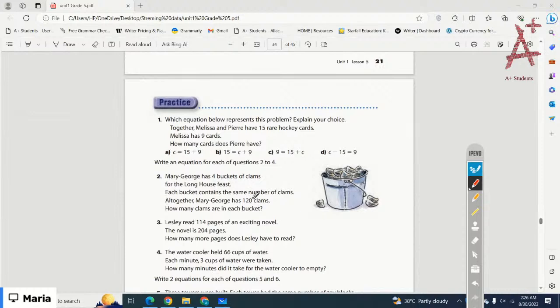Each bucket contains some number of clams. You don't know how many clams are in each bucket. Altogether, Mary George has 120 clams. How many clams are in each bucket? You have to calculate the number of clams in each bucket.